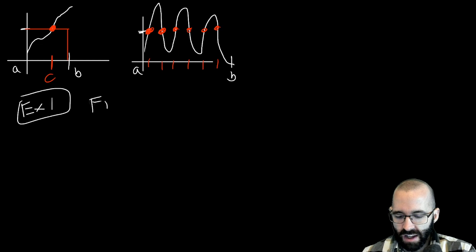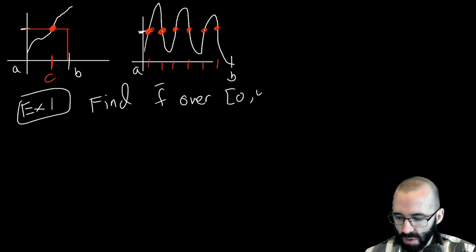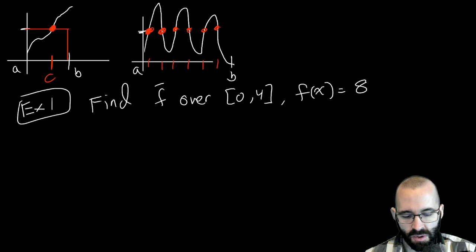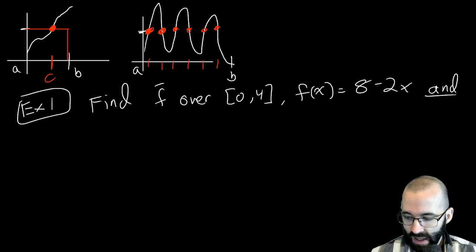So find the average value, f bar, also known as f average, over the interval from 0 to 4, where the function f of x is equal to 8 minus 2x. And I want you to do 2 things here.